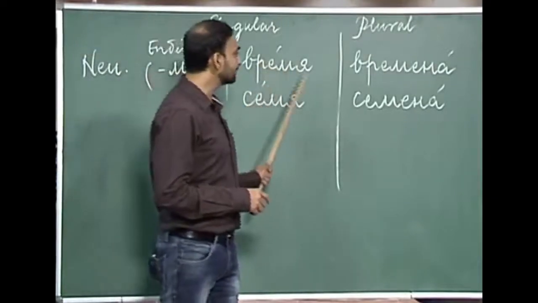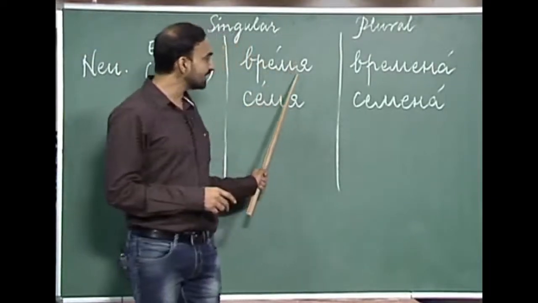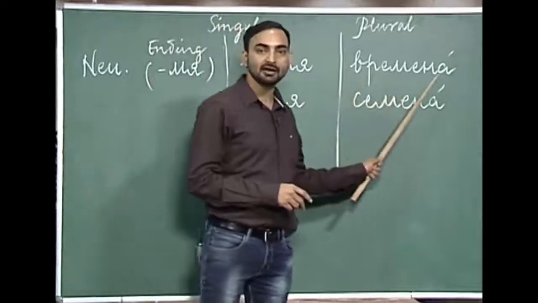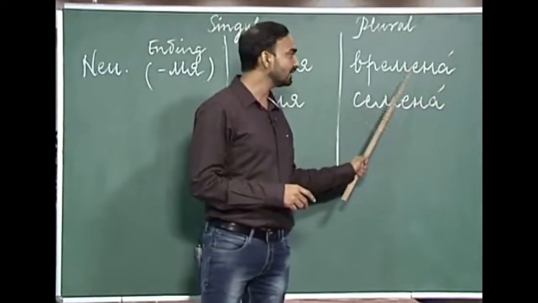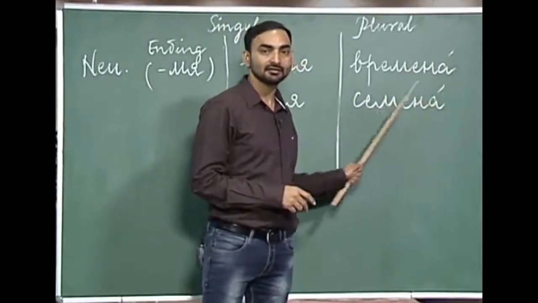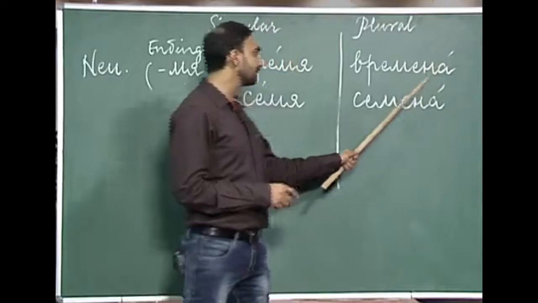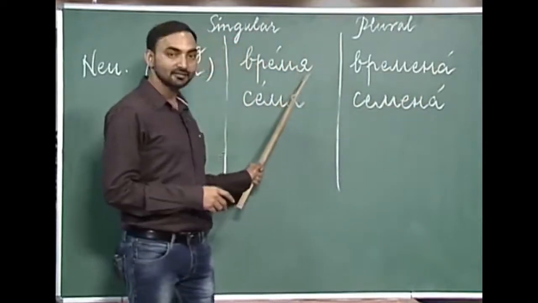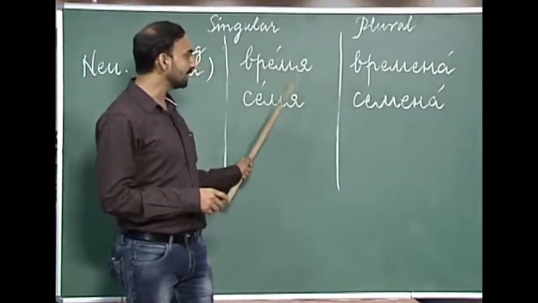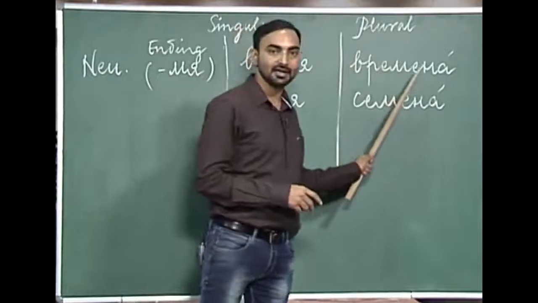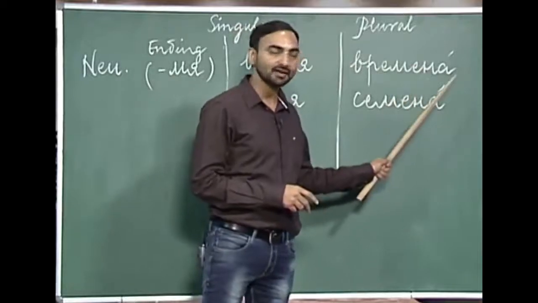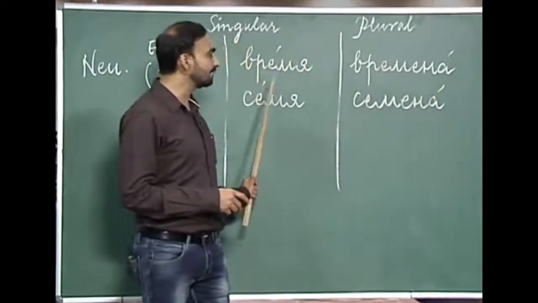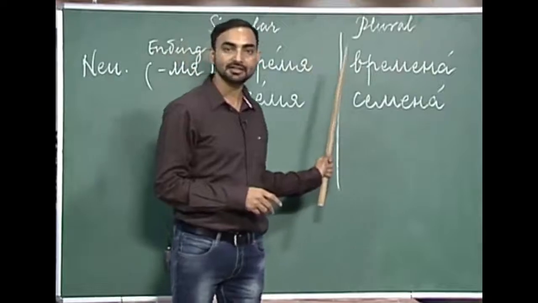What we do is, we replace ya with three letters: ye, na, a. That is how we make plural of mya ending neuter gender nouns.